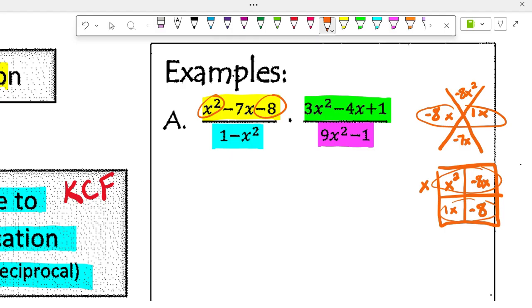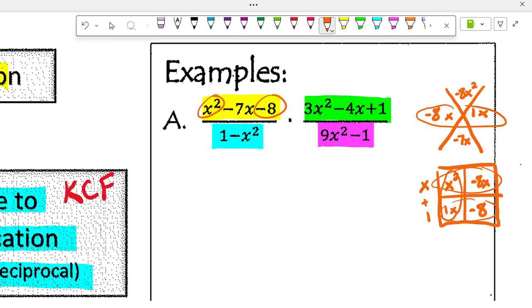GCF of the bottom row, not negative 8, is just 1. Remember, it needs to be a number that they both divide into. If there's not a number that divides into them evenly, it's automatically 1. All right, don't leave it blank. If there's not a number or a value that goes into it evenly, just make it 1.